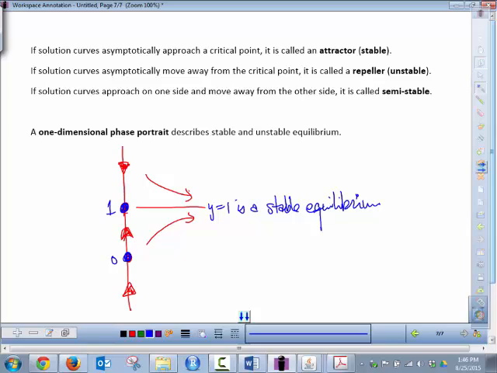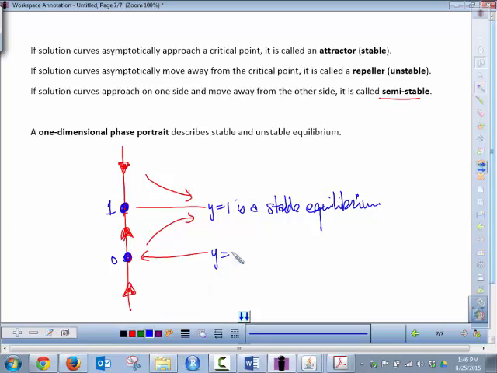And if both sides are going away from it, it's a repeller, and that would be an unstable equilibrium because the graph wants to go away from that particular point. And this last one over here is half of it's going up, the other half's going up, and so one's going away, the other one's going to that point, so that's called semi-stable.